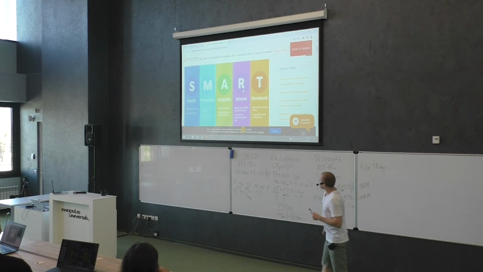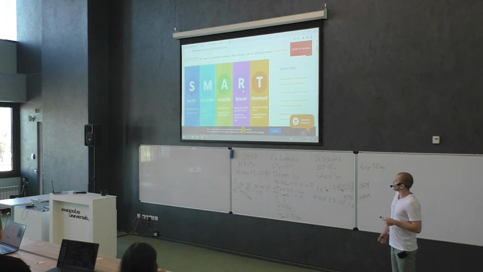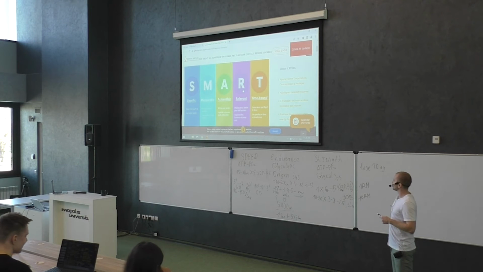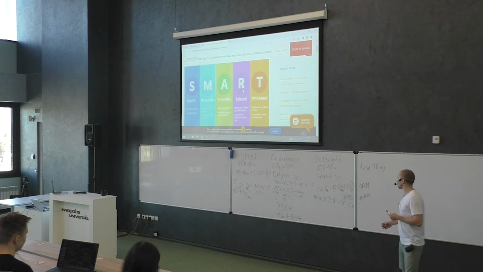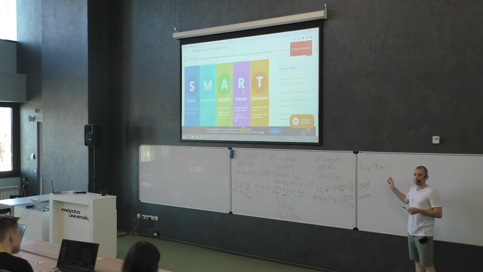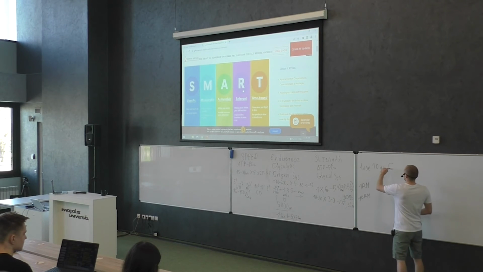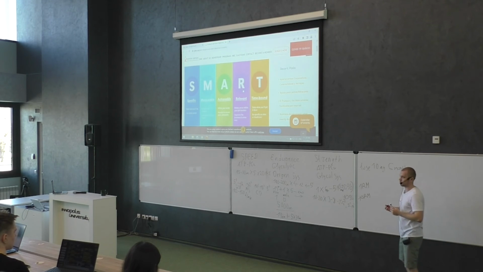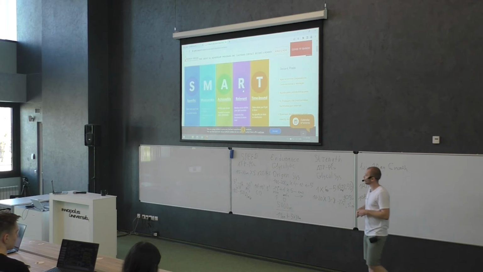So it's relevant, you can affect this target. And the last, time-bound. So I want to lose 10 kilograms in the next 6 months, for example. This is the SMART technique.